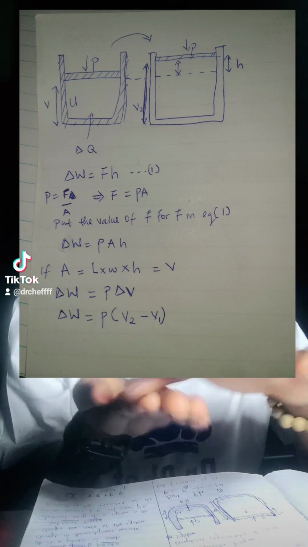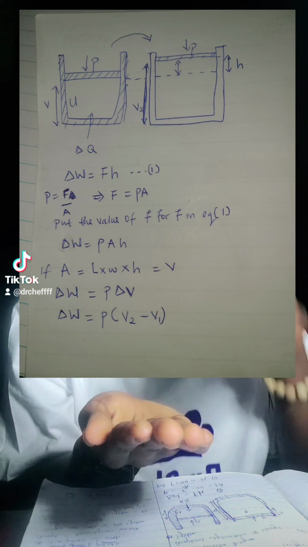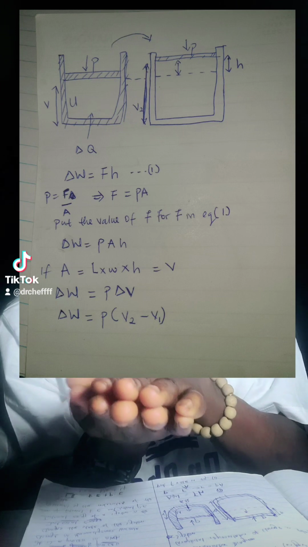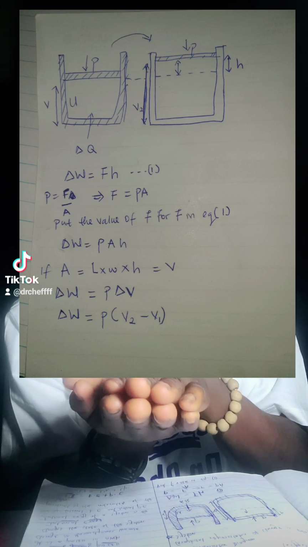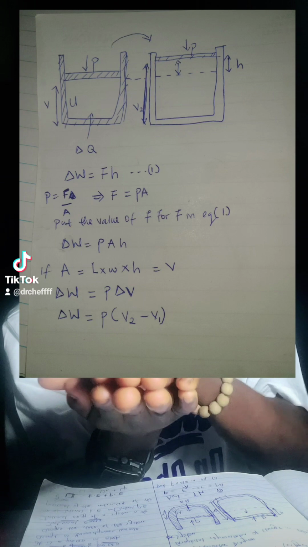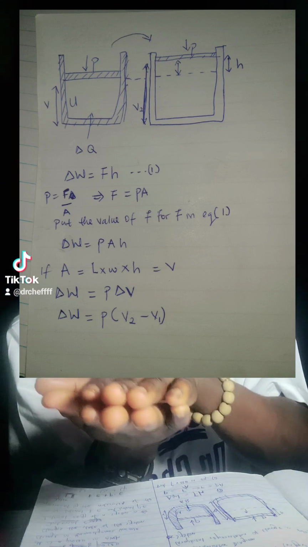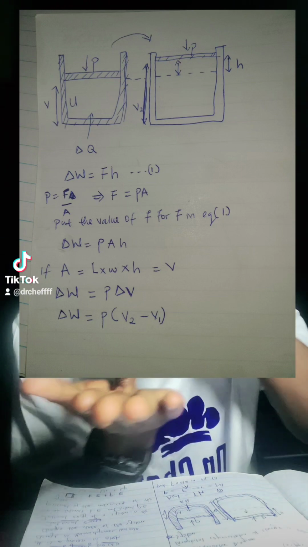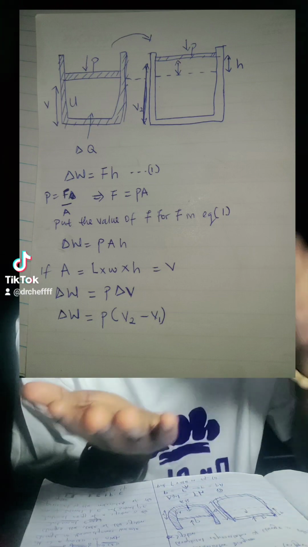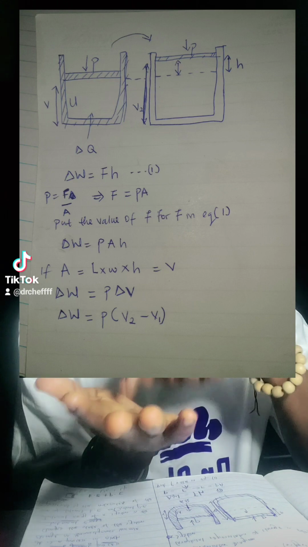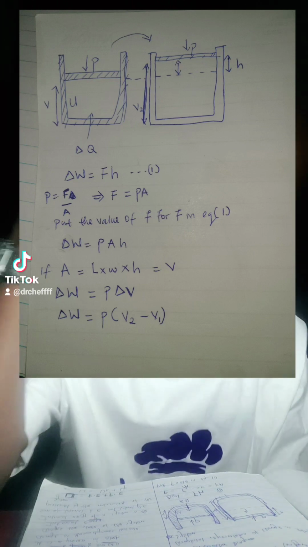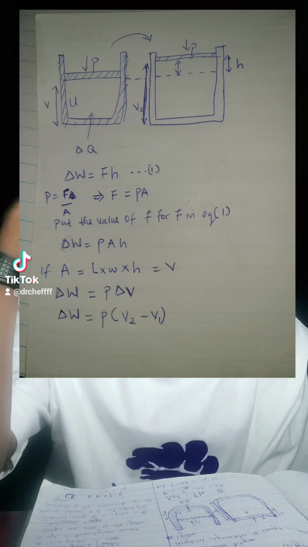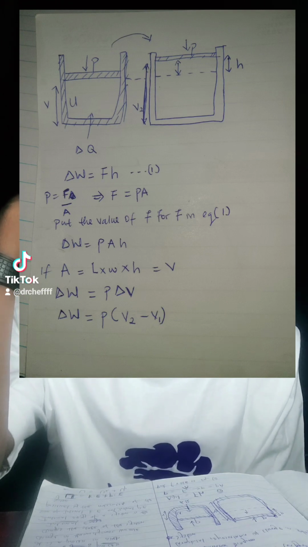If this is an area, and a pressure is applied on all of the area, so I'm applying pressure per unit area. Okay, and if it is this point alone I want to apply, so per that area, the amount of force I'm applying is pressure. Okay, so which means P equals F over A, right?